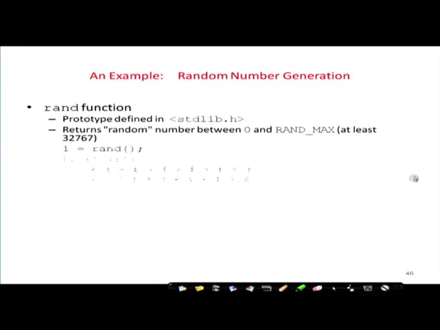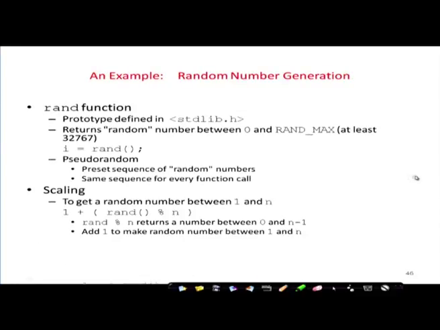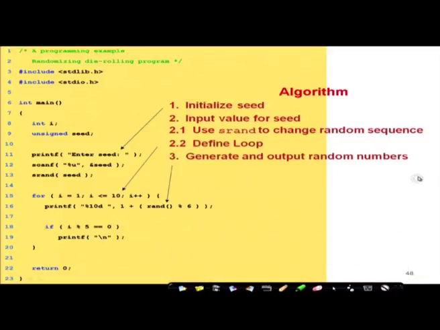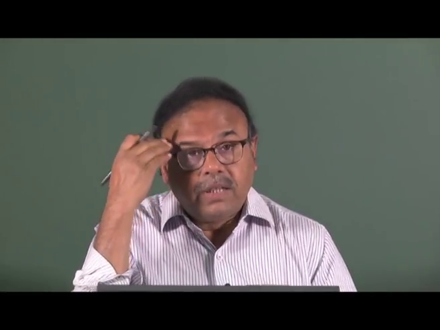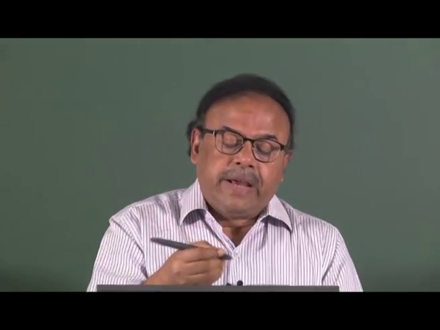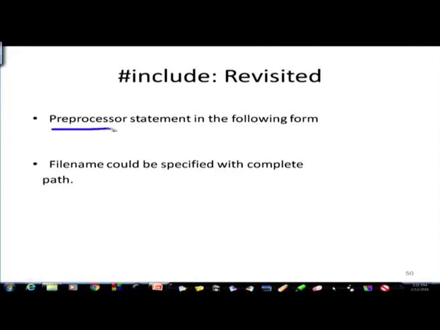Instead I will be talking about a new thing here, that is hash include. We have talked about hash include, we have used hash include, and we mentioned that hash include is nothing but a preprocessor statement. Say, hash include file name.